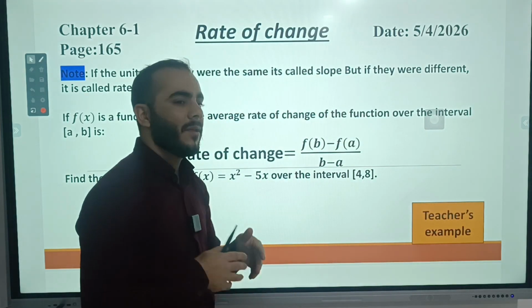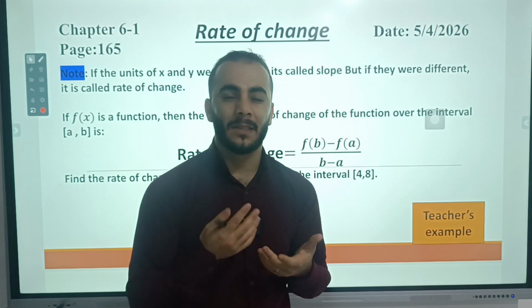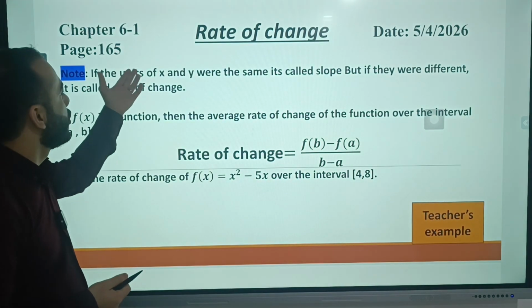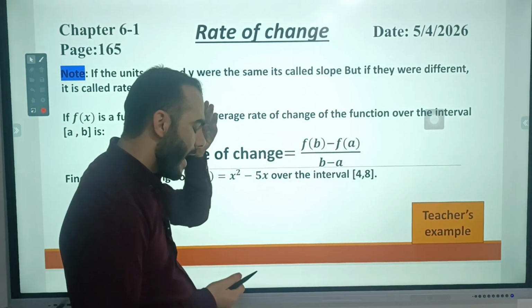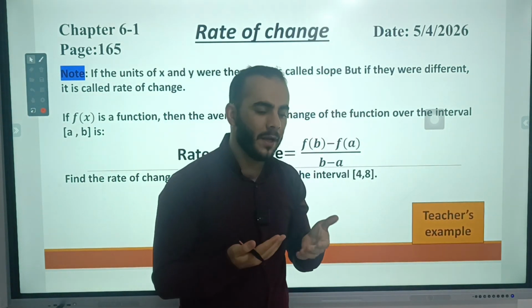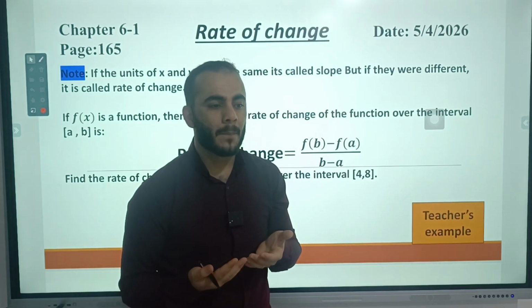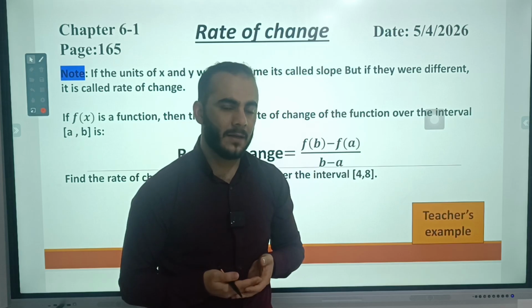All right, there is another way to differentiate between a slope and rate of change. If the units of x and y are the same, it's called slope. When we are talking about points, it's all about distance, right?